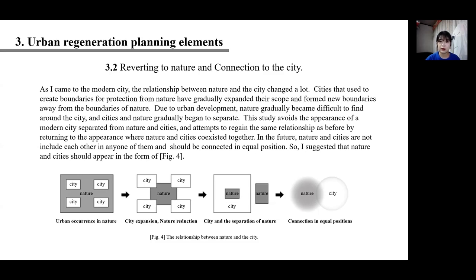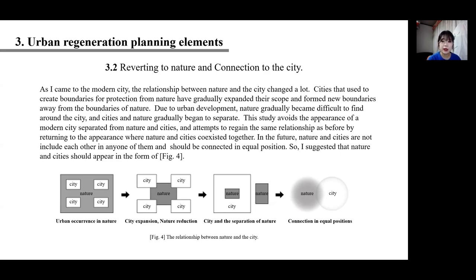Due to urban development, nature gradually became difficult to find around the city, and nature and cities gradually began to separate.